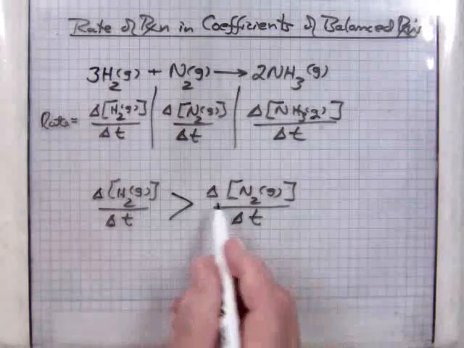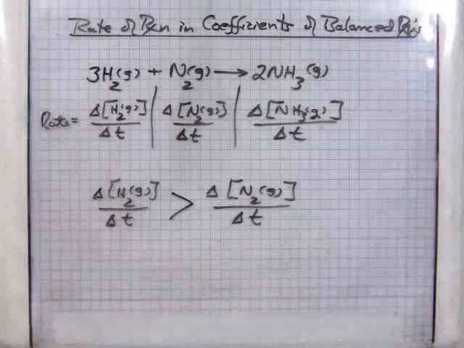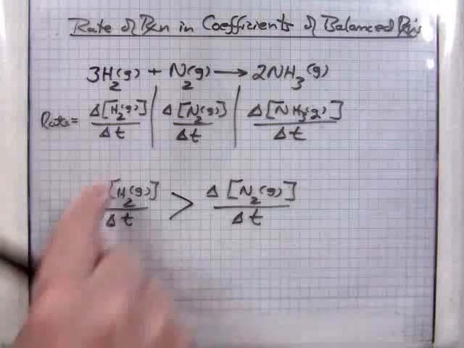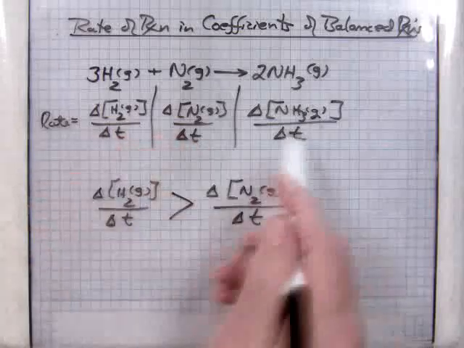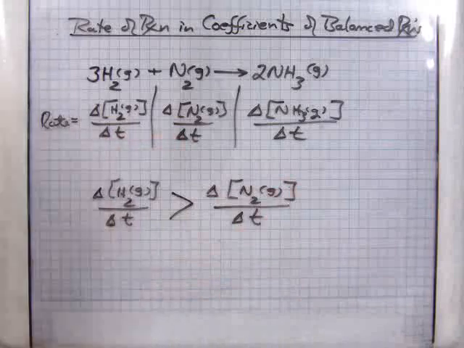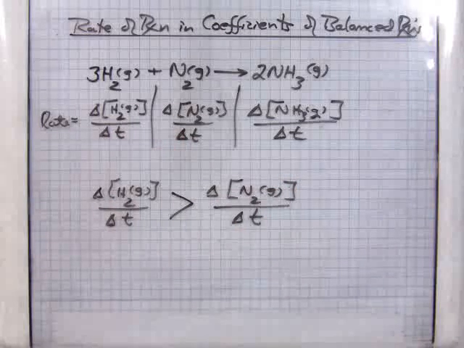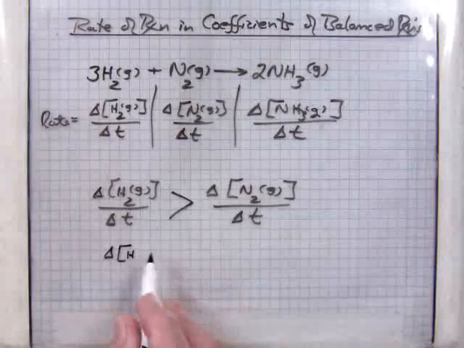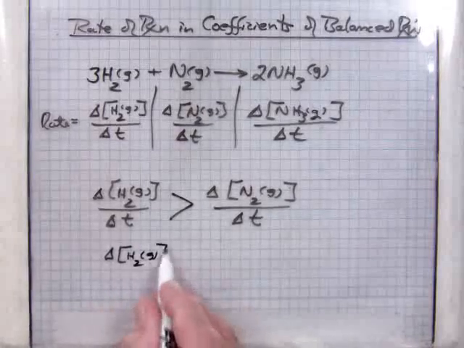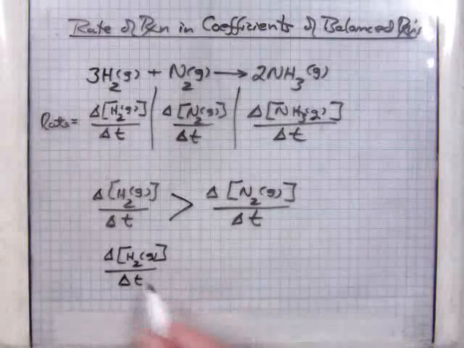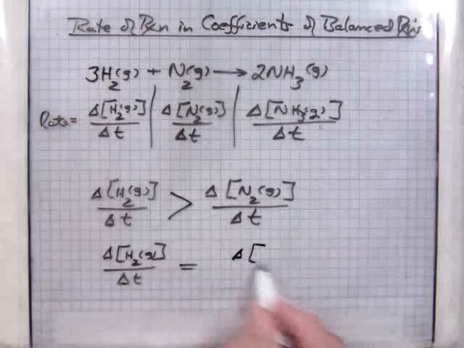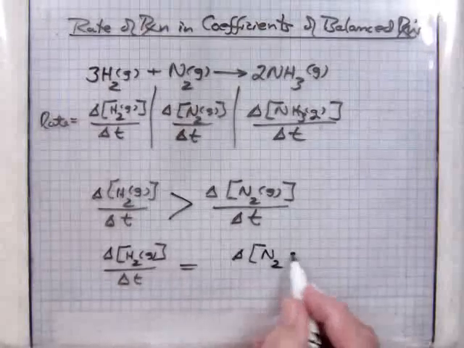What you'll need is to take these two terms, and the problems are always in terms of just 2 at a time. You'll have hydrogen, nitrogen, or hydrogen, ammonia, but you won't have all 3 of them tied up in one equation. So what you do is you rewrite your rate expressions and set them equal. Give you a little space here, because you're going to swap coefficients, and then they're equal.